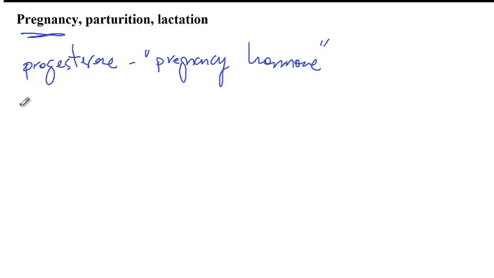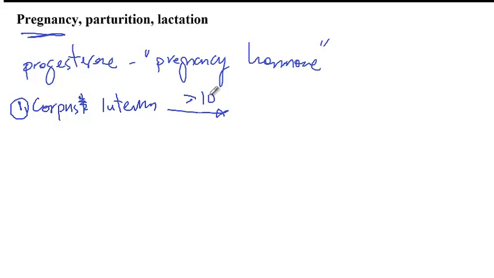So progesterone is first being secreted by the corpus luteum, and then after 10 weeks, the placenta will take over and start to produce progesterone. Now, what are the functions of progesterone? Progesterone, so that was 1 and 2 was for placenta.